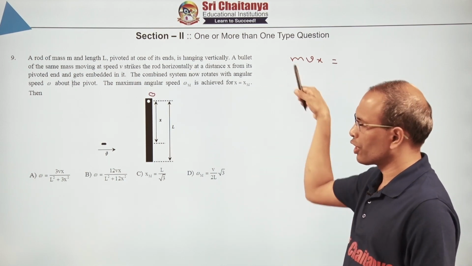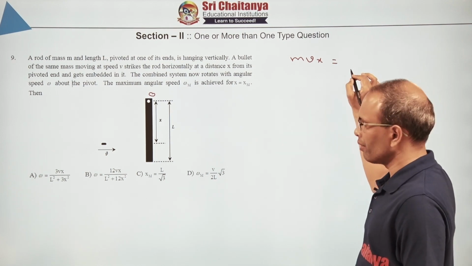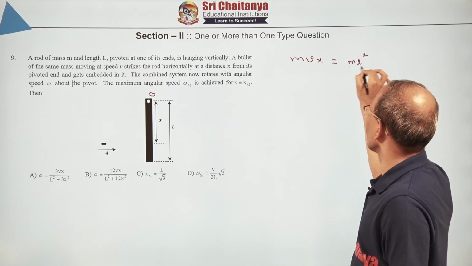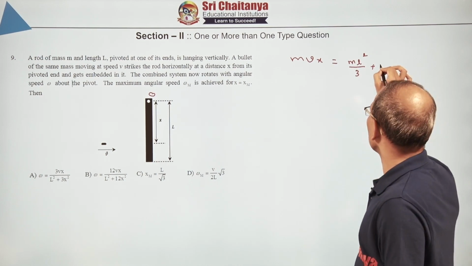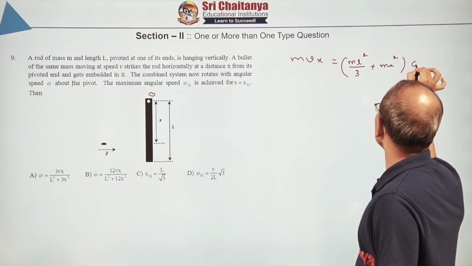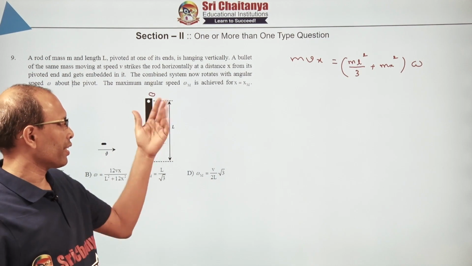Now it is a single system rotating about a fixed axis, so it is I omega. What is I? For the rod it is m L square by 3, and for the particle or the bullet it is m x square, into omega.